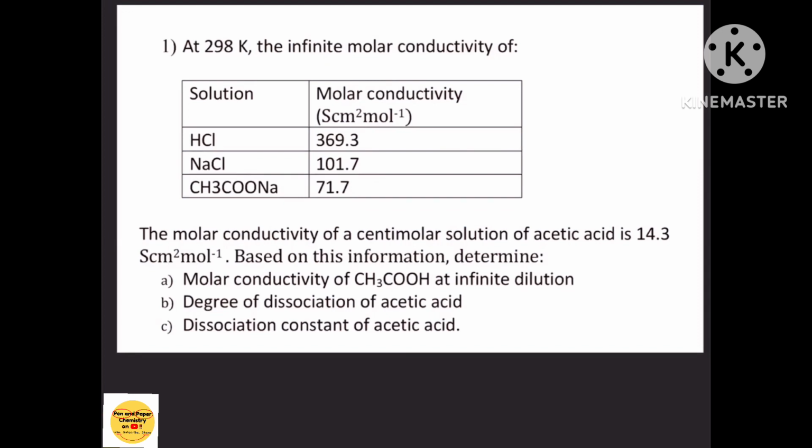So now since we've done the first application of Kohlrausch law, to explain the second application, I'm taking up one more numerical over here, one more question to be done.